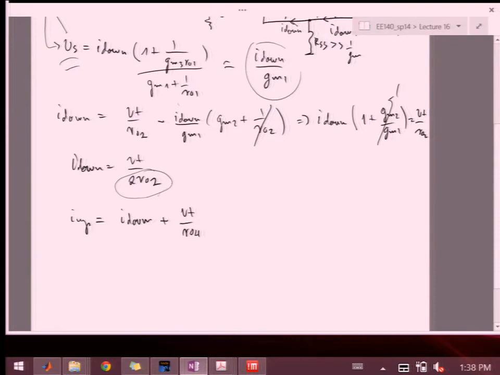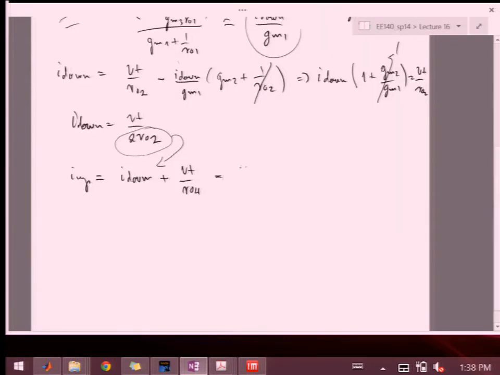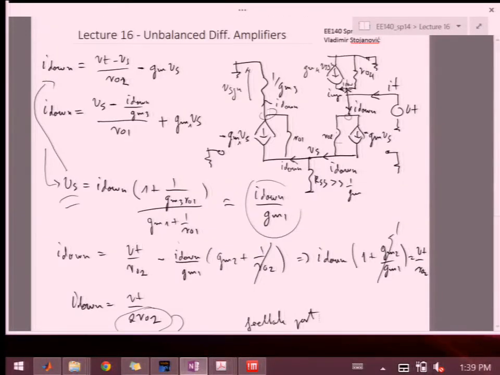If you plug in the expression for I down, this is, again, Vt over 2RO2 plus Vt over RO4. So this is this feedback part. This is sort of what got mirrored from this I down all around to this one to turn the current source effectively into the same 2RO2 kind of output impedance, right?